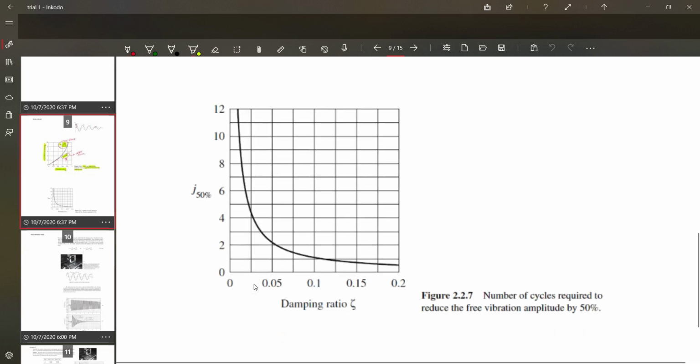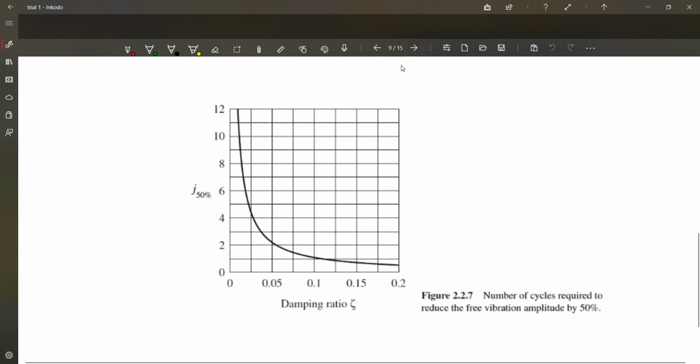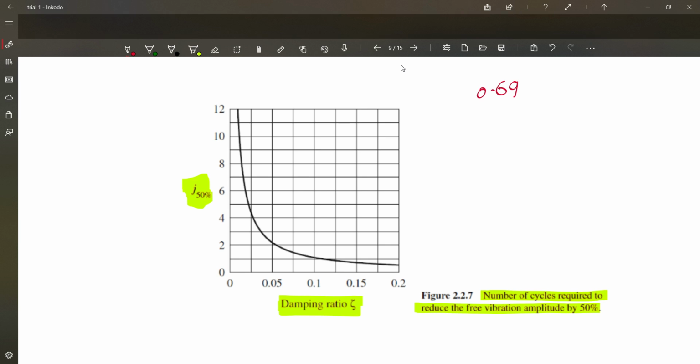So here we are going to find the damping ratio on the horizontal line and N 50%, which means the number of cycles required to reduce the free vibration amplitude by 50%. Remember that our equation that we already said is 0.69 equals 2 pi n psi.